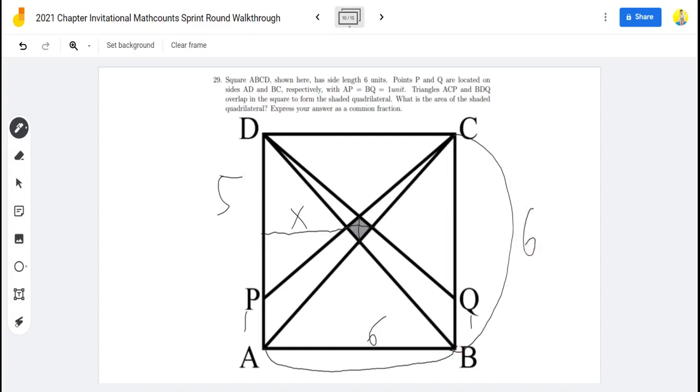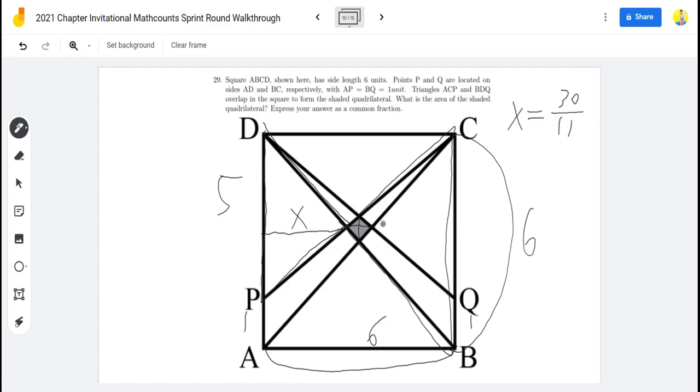Since this triangle right here and this triangle are similar, this means that x is just 5/11 of the entire altitude. So x is just equal to 5/11 times 6, which is 30/11.